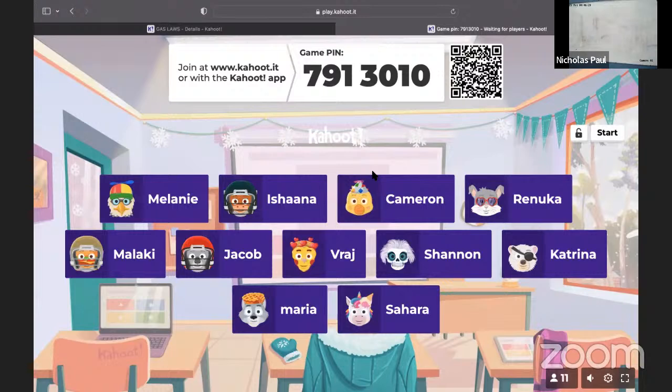We're just waiting on a few. Is his phone not there? All right, no problem, Melanie. Come fast now, waiting on you. I want to start. Scan it fast and log in.